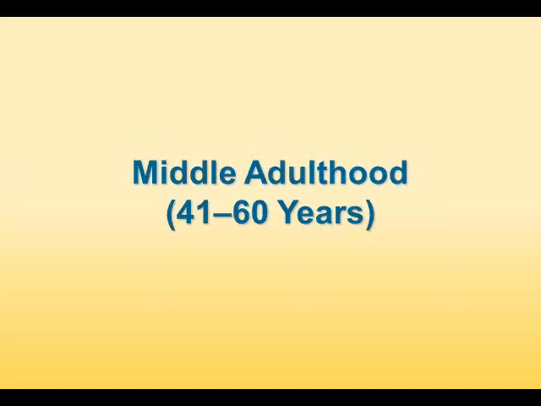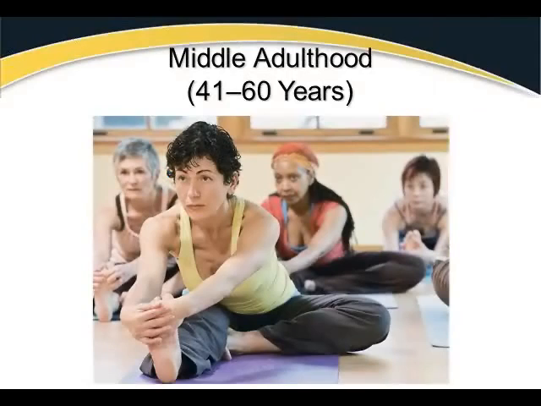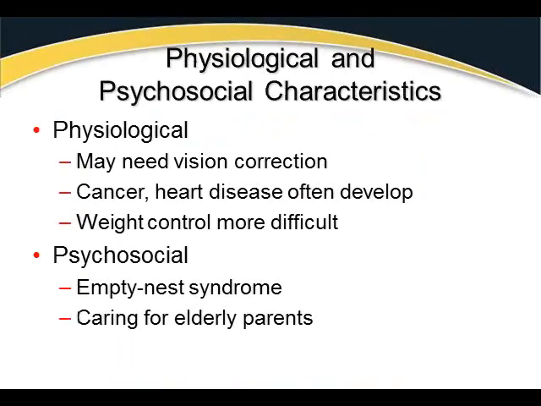As we move on to middle adulthood, there's really not a lot of significant changes in vital signs from early adulthood. We're talking ages 41 through 60 here. They're starting to have maybe some vision problems, might have to start considering wearing some glasses or contacts if they haven't had to up to this age. Cancer becomes a big concern.